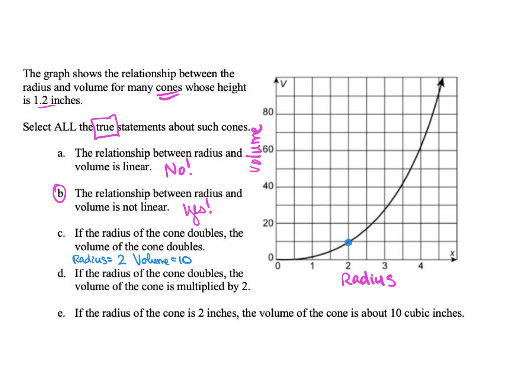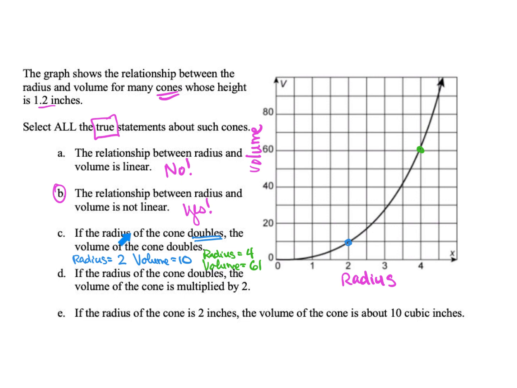And then notice how it says if the radius of the cone doubles. So what is double 2? Well, that's 4. So the radius is going to equal 4. So I'm going to look at here, and my volume is probably about 61.